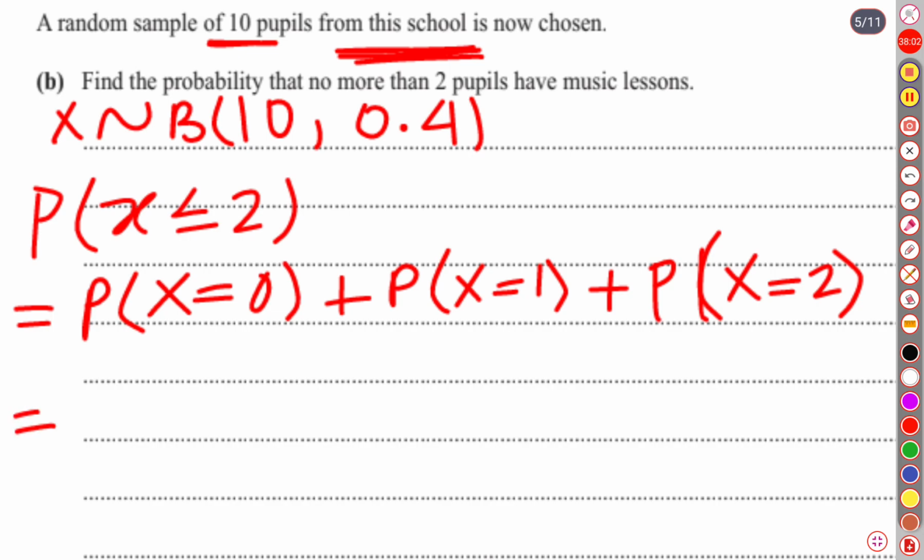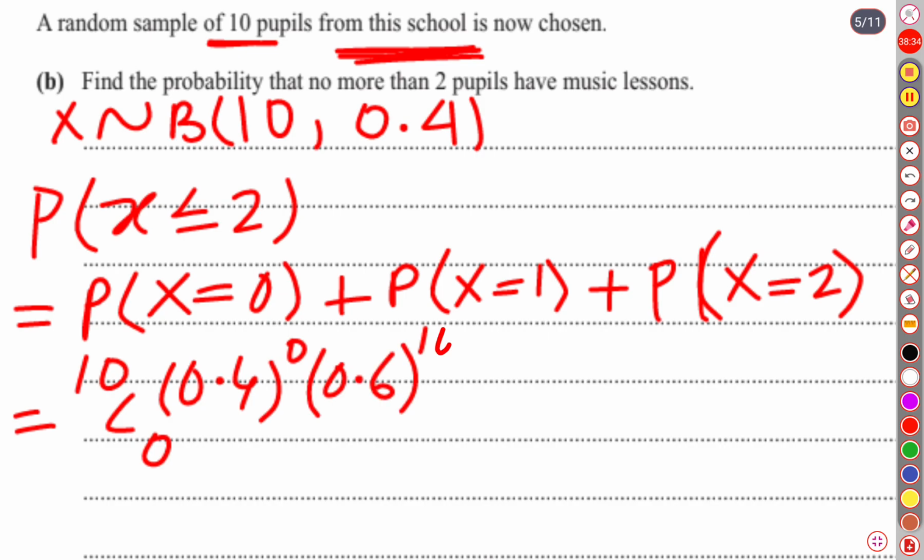These are the possible cases for this probability. When X is 0, that means none of the people has chosen music class, so all 10 people chose non-music class. So the probability is 10 choose 0, 0.4 to the power 0, and q raised to 10, because all 10 are out of music class.